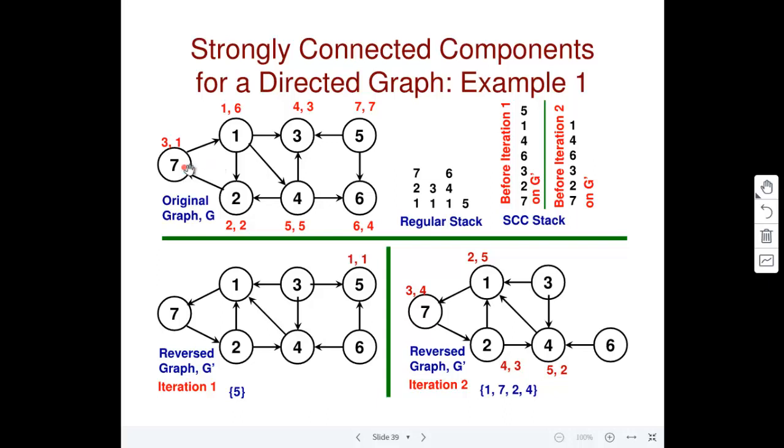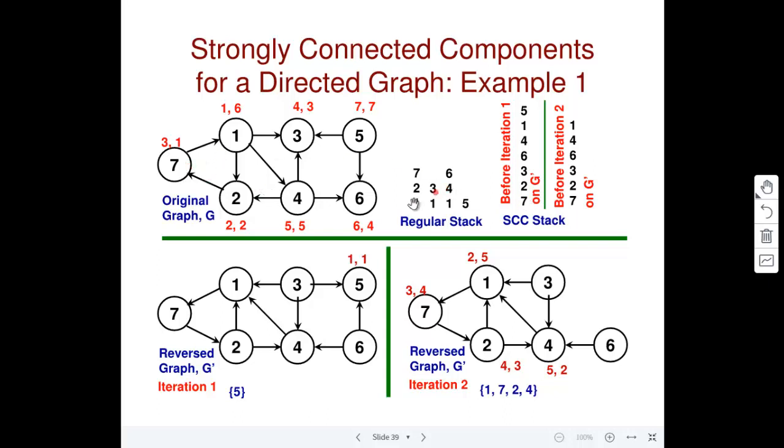So from 7 you cannot go anywhere else, so you pop out vertex 7, the first vertex to be popped out of this regular stack. As you pop out a vertex from the regular stack, push it to the SCC stack. So 7 is the first vertex to be pushed to this SCC stack.